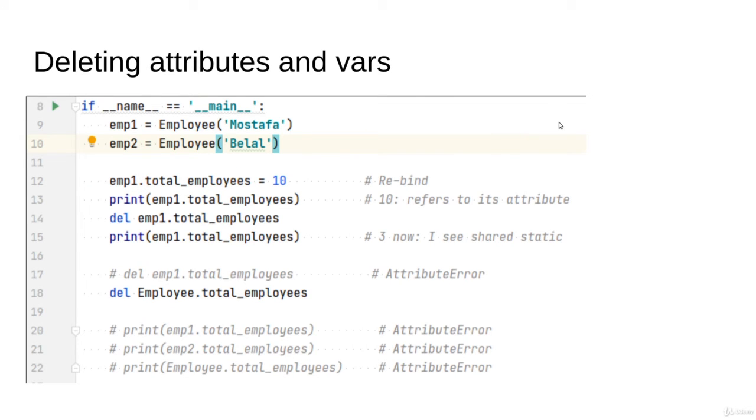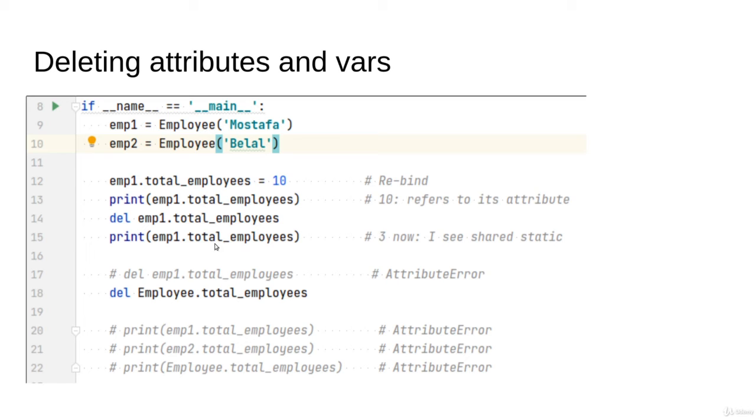Let me give you another example about the deletion itself. We here created 2 objects, employee1 and employee2, and then we assigned employee1 the variable 10. If you try to print it, it will be 10, the local attribute of employee. If you delete employee.total, now you removed this local variable. If you try to print the total employees again, it will go back and get the class level.